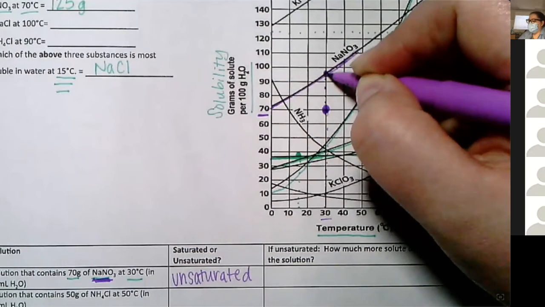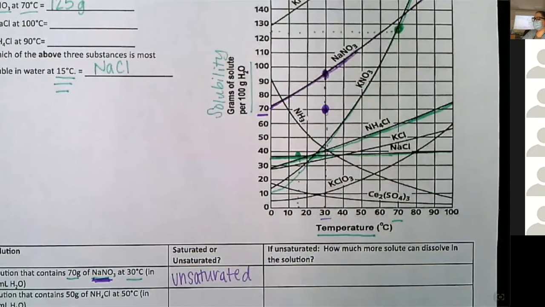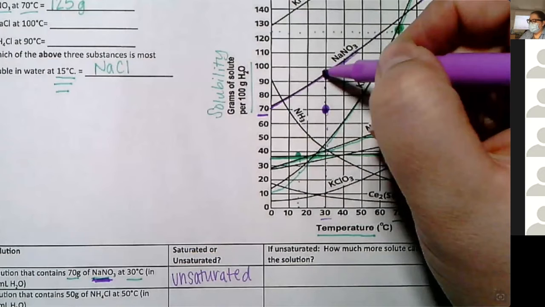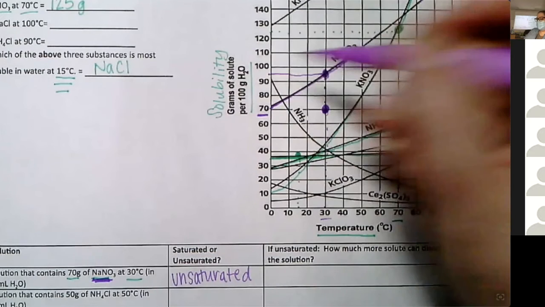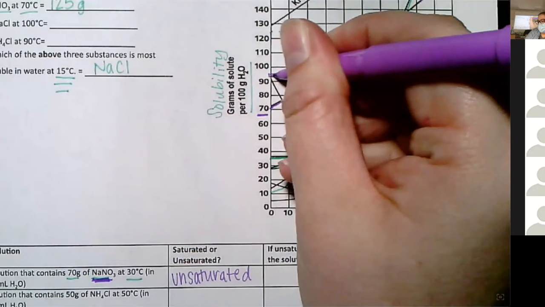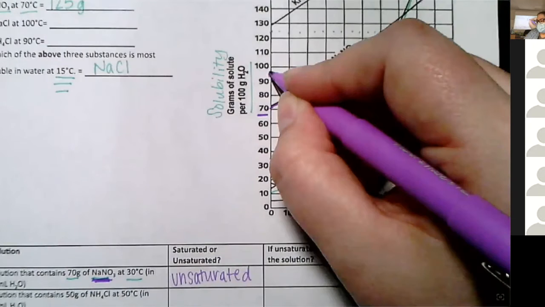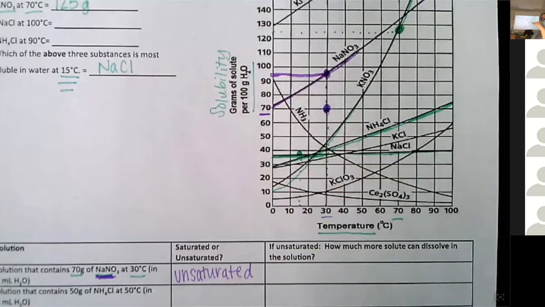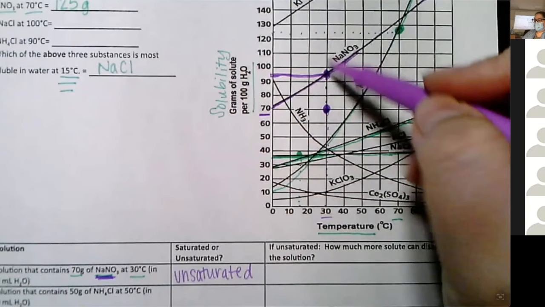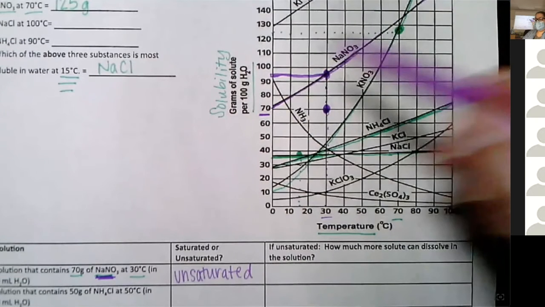That's all it is. So we started at 70, and if we draw a line over, I like to draw on my graphs, by the way, you don't have to, this is at right about 95 grams. So if the point they gave us was at 70 grams, then in order for it to be saturated, we're going to travel up to 95.